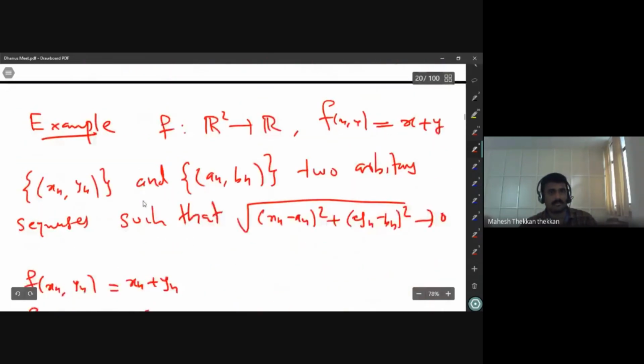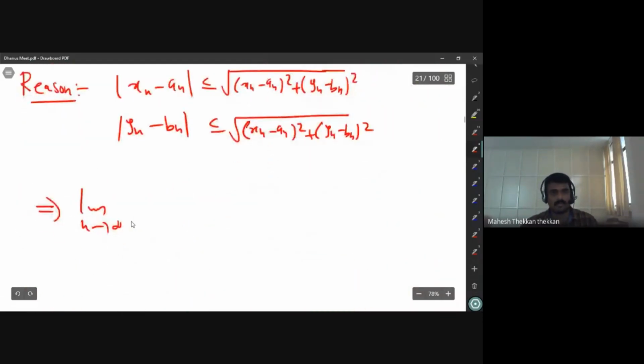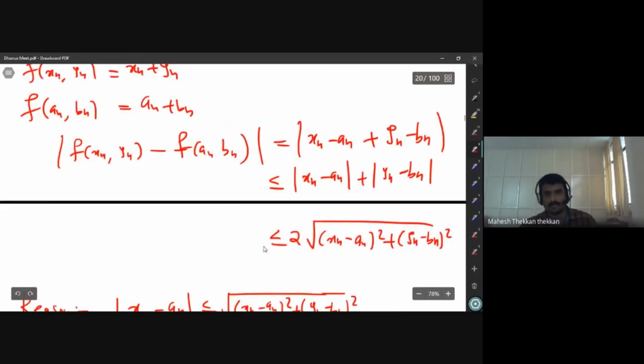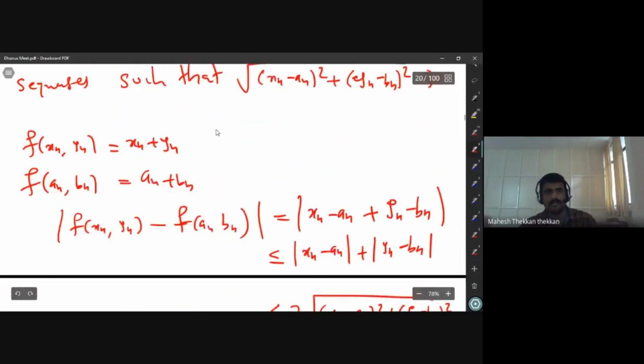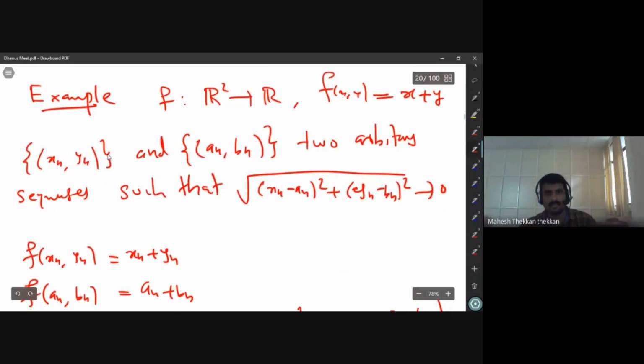Okay. So this implies limit n tending to infinity modulus of f of (xn, yn) minus f of (an, bn) has to be 0, right? Because from this we have assumed these conditions. We have chosen two sequences so that this thing goes to zero.